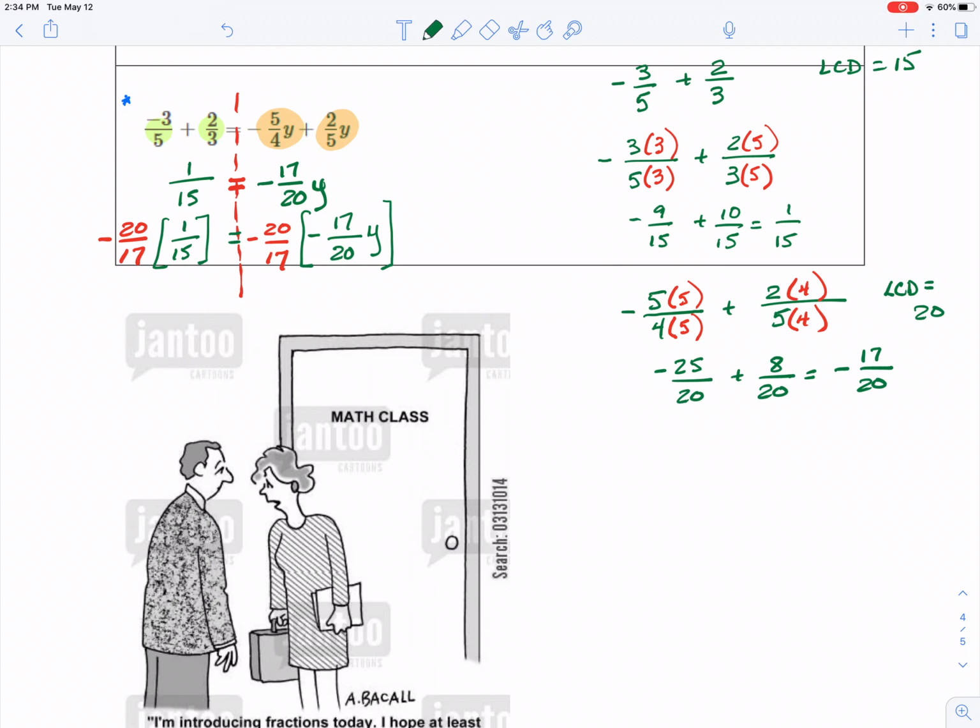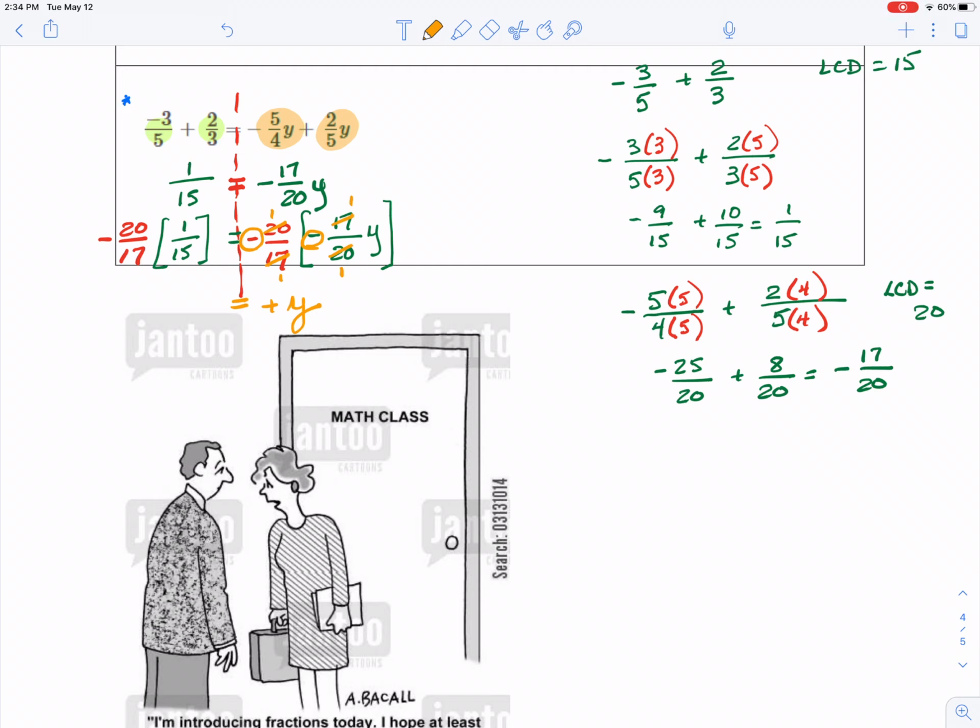And of course, on the right, you'll see the 20 and the 20 and the 17 and the 17 canceling out. And notice this is a negative times a negative, which gives me the positive 1y that I'm looking for. So that's good. And then I think I need a little bit more. Maybe I can do this.